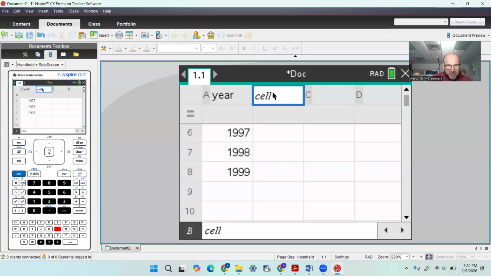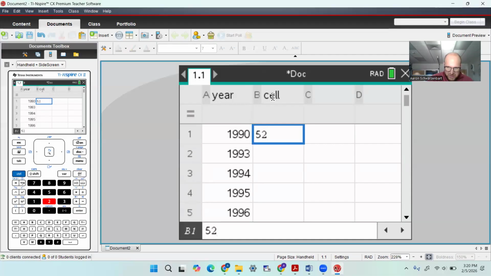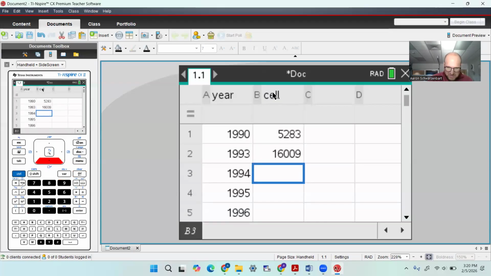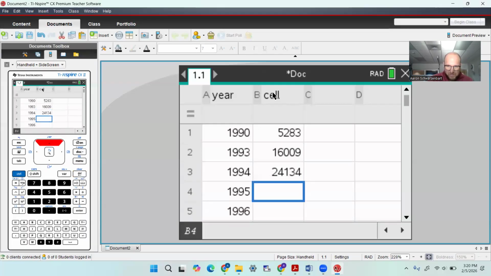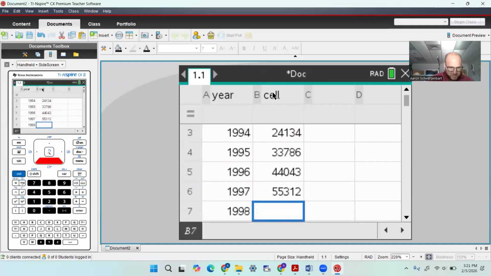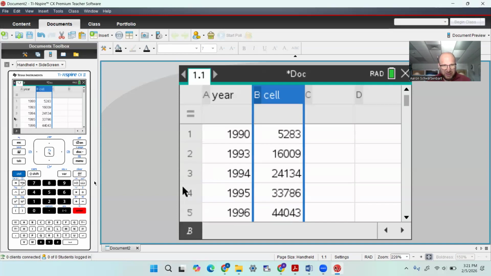Oh, there's my data. Cell phones. Okay, so here we've got our cell phones and our years.